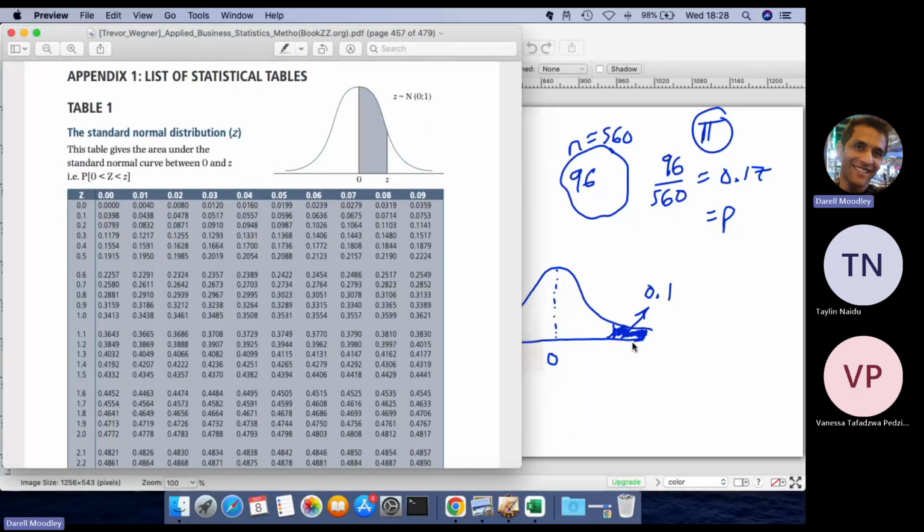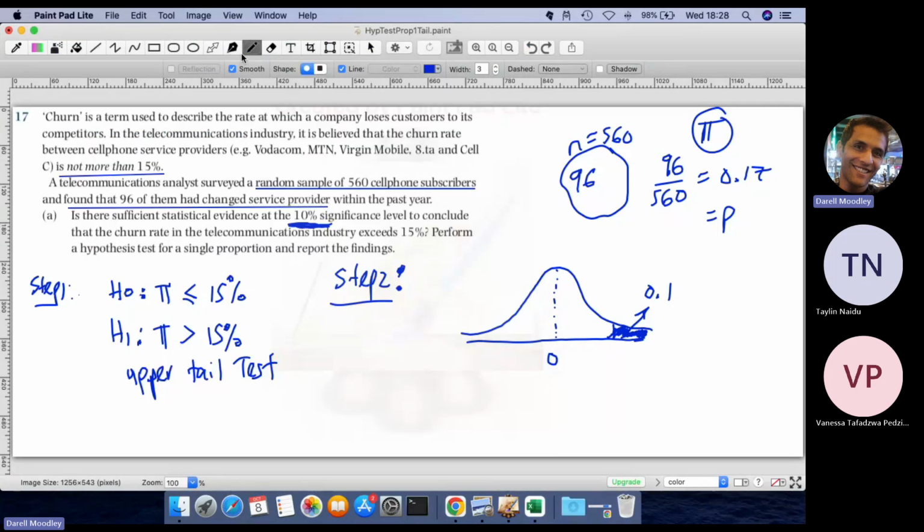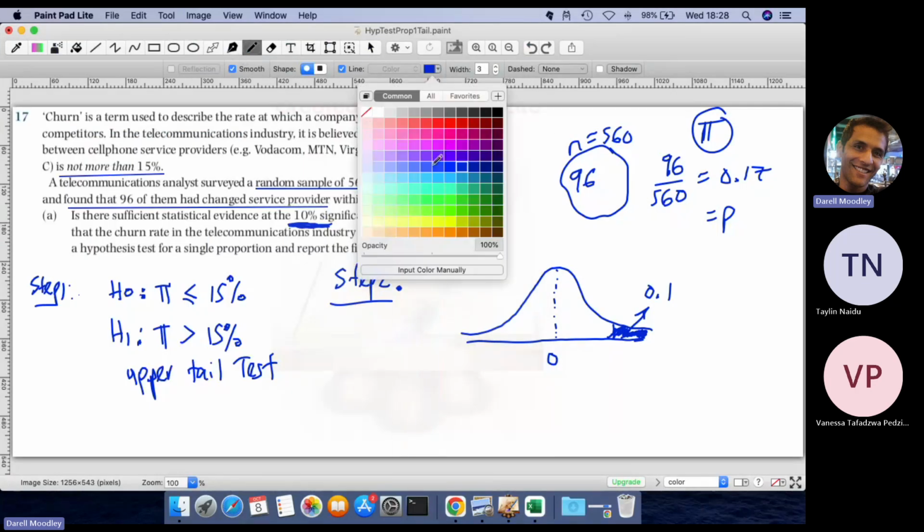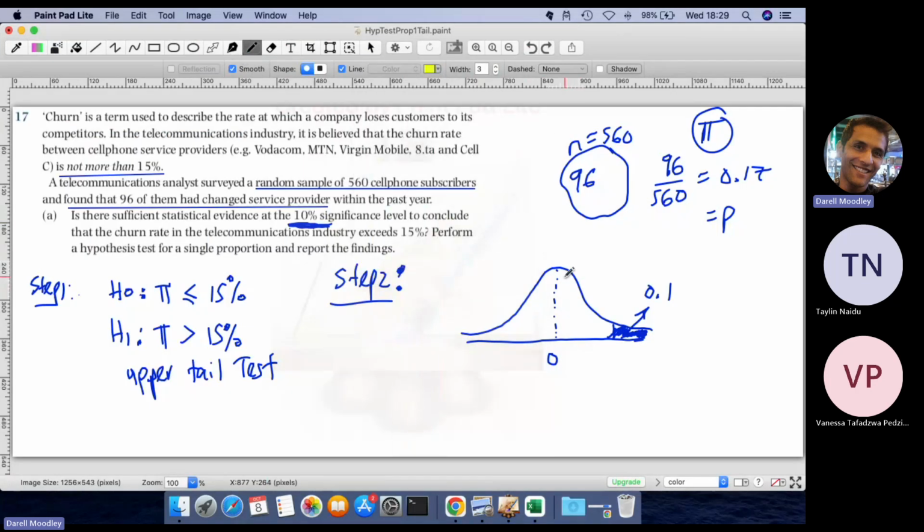This is our standard normal table, the z statistic. If you look at the diagram I've drawn on the right, I know the area to the far right is 0.1. But if you look at the graph in your textbook, the area that's shaded is not the extreme right region. It's the area between 0 and that cutoff point. So your textbook is giving you this area here, which I'm shading in yellow.